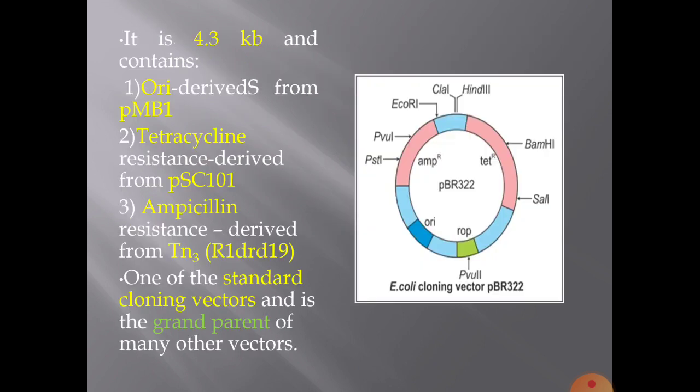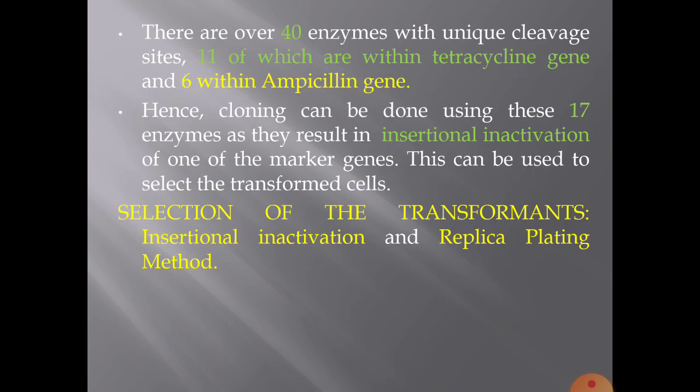Say for example, you can see the tetracycline resistance gene, right? If you have a DNA of your choice, and if you cut here by making use of BamHI and insert the DNA of your choice, the DNA insert will sit in between the tetracycline resistance gene. When it happens, this tetracycline resistance gene becomes inactive.